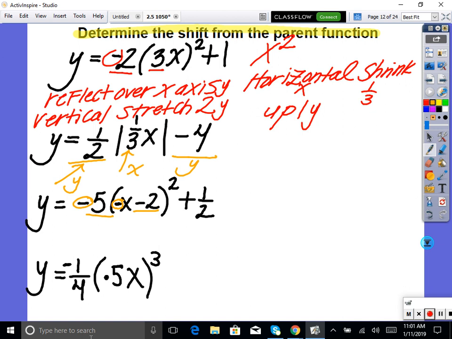If we do, won't that actually be positive? So left 2. And then up a half. Okay, good. Okay, right here, reflection over x, a vertical shrink of a 4, and then isn't this a horizontal stretch of 2, everybody? Isn't 0.5 1/2? Okay, then it would be a horizontal stretch of 2. Okay, awesome. I think we get it.